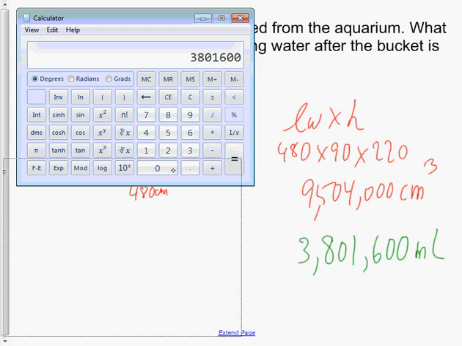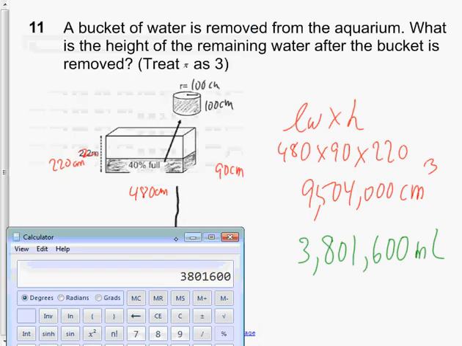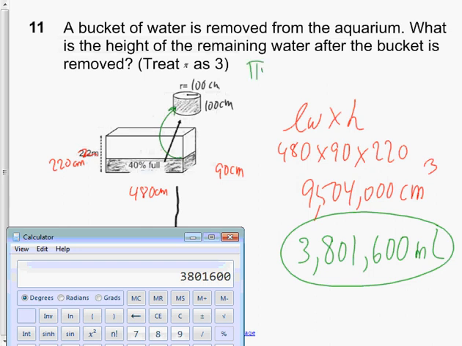So from that container, I'll keep a calculator down here. This is how much water was in it to start. And then this bucket of water was removed, okay? So we're going to find out what volume of water was removed by using this formula here.